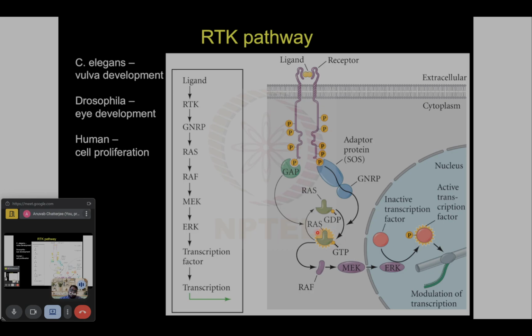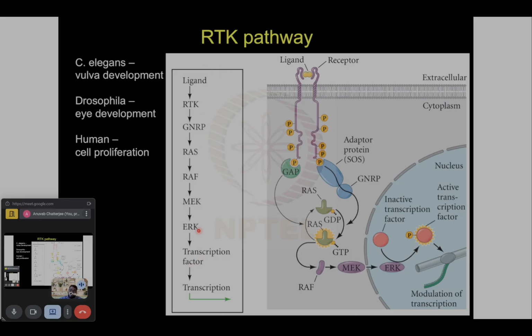And what RAS-GTP will do, it will phosphorylate the next downstream partner, which is RAF, which will then phosphorylate the next downstream partner MEK, which will finally phosphorylate ERK, which will travel to the nucleus and then phosphorylate different transcription factors which are inactive and make them into active forms, which will bind to the DNA in the nucleus and cause transcription, and essentially the genes which are activated by the pathway will be transcribed.